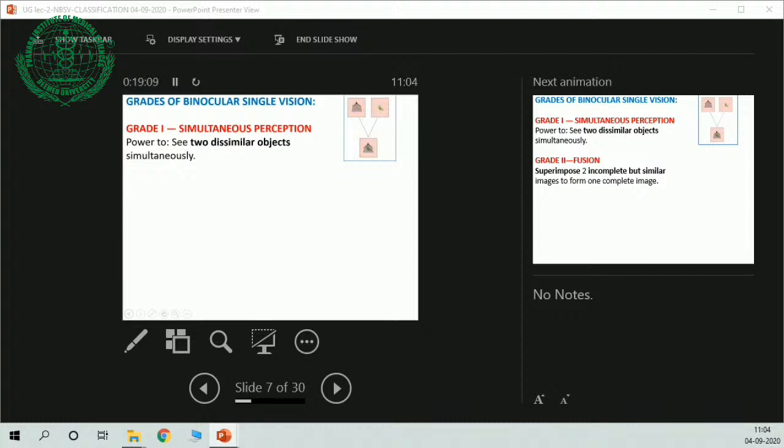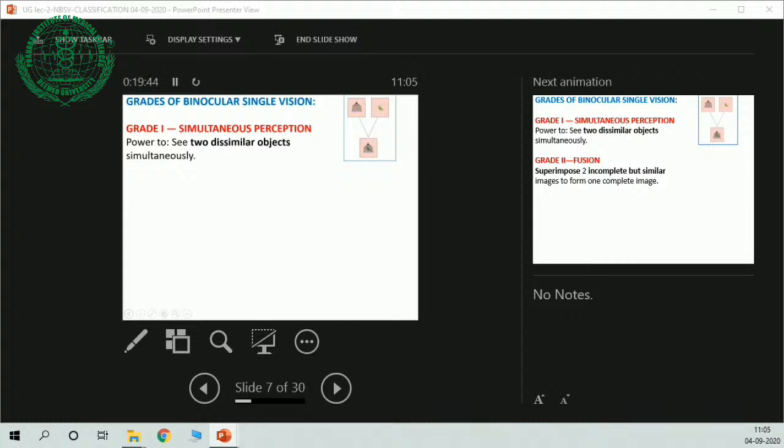For fusional and simultaneous perception, these slides are projected from a machine called the synaptophore. Yesterday only I introduced that word to you. With the synaptophore these slides are provided, and the important thing you are supposed to remember is that from the left eye the cage is projected and with the right eye the person views the bird.